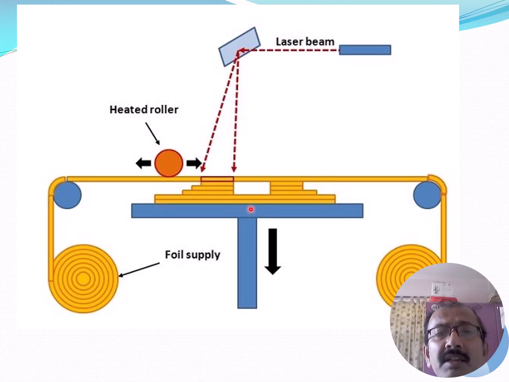After cutting, the excess material will be rolled with the help of this roller, and this is the heated roller that will paste the laminated material. In this way the entire product will be produced, and this is the platform that gradually comes down.